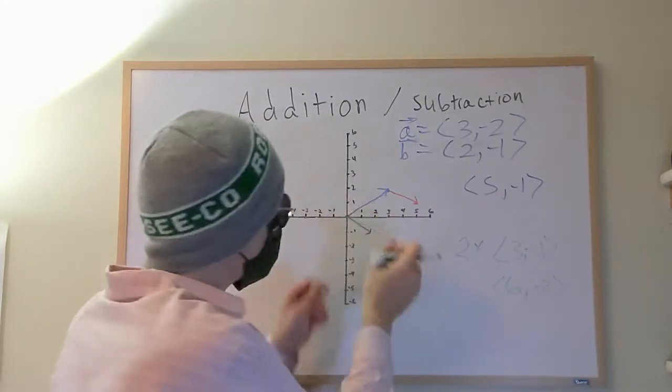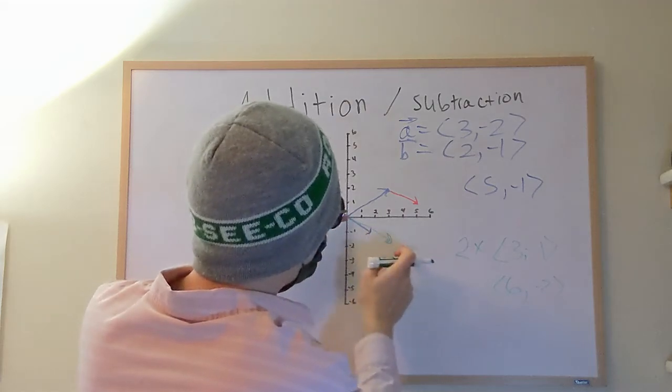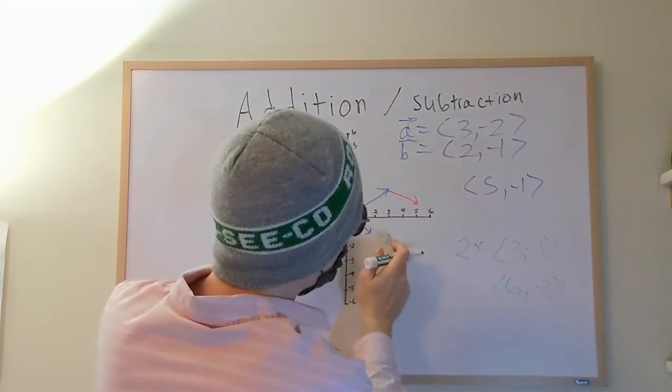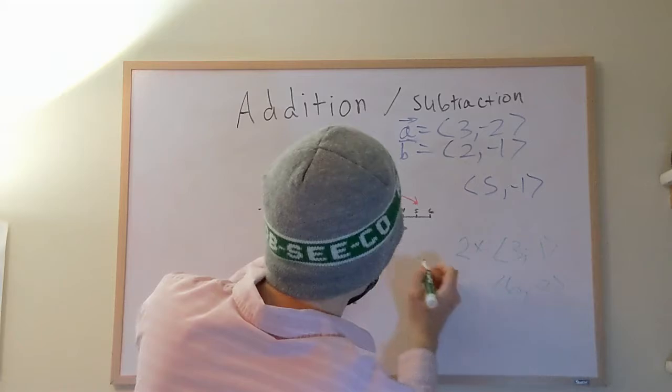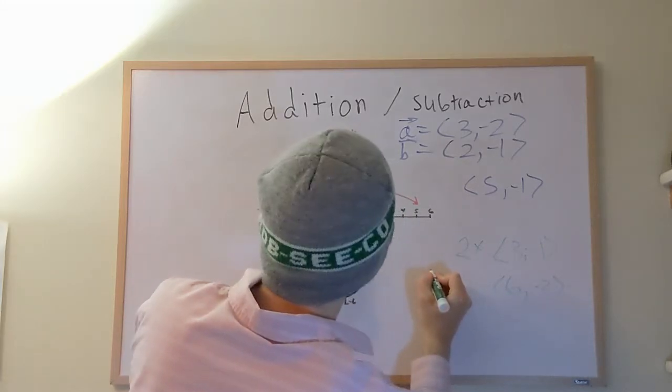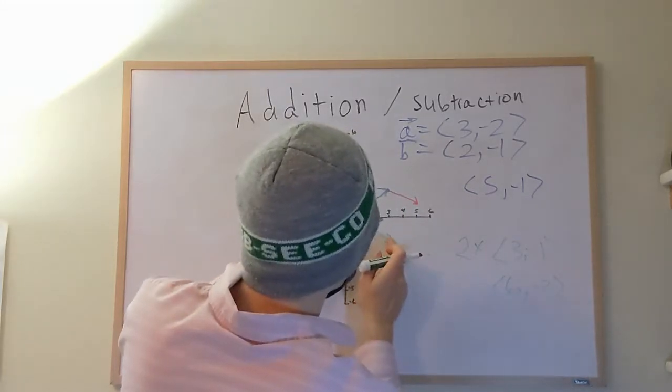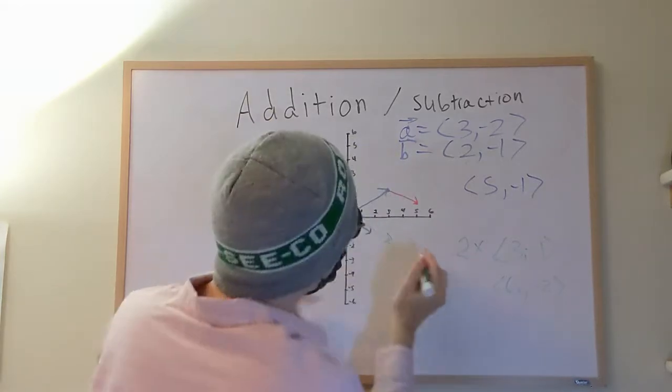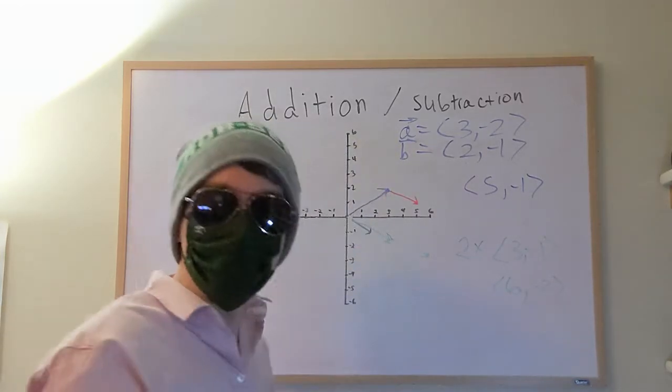So we have just simply doubled it. We've taken this length and we've doubled it to 6, and then negative 2, which is here. So we've just doubled the length of it, and that brings us to our final value.